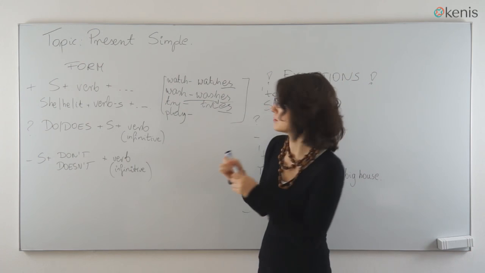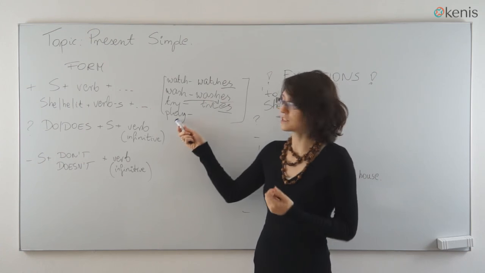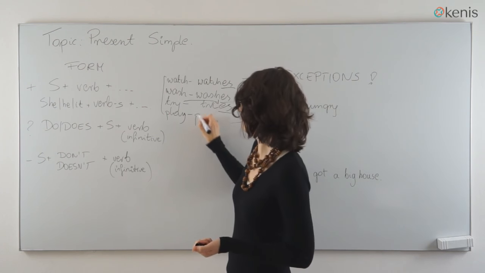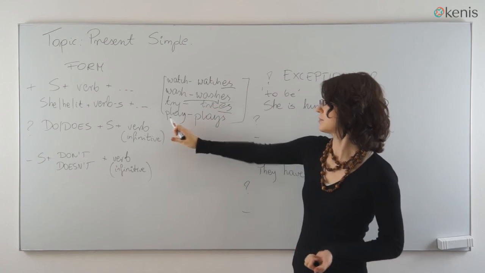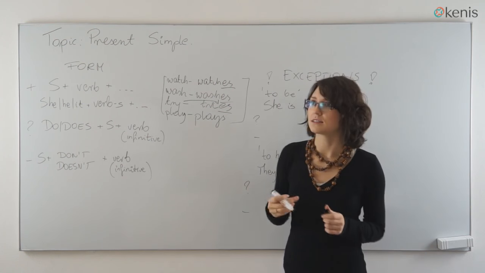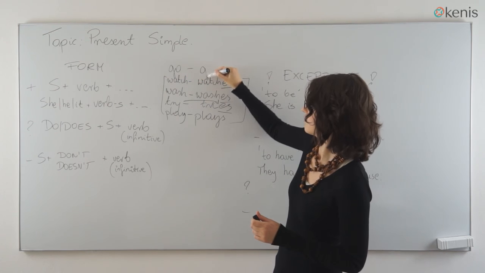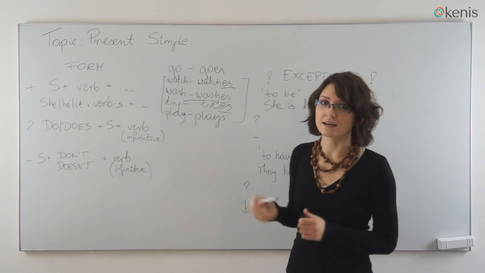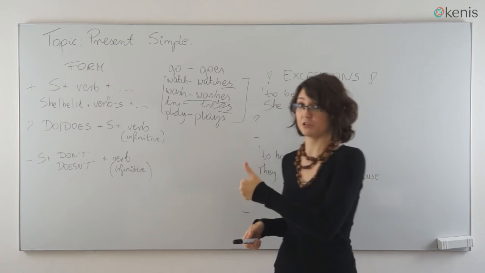W play dodamy tylko końcówkę s, ponieważ przed y występuje samogłoska, nie spółgłoska. So plays. Okay? Try, tries, play, plays. W czasowniku go również dodamy końcówkę es. Okay, so this was the positive form.